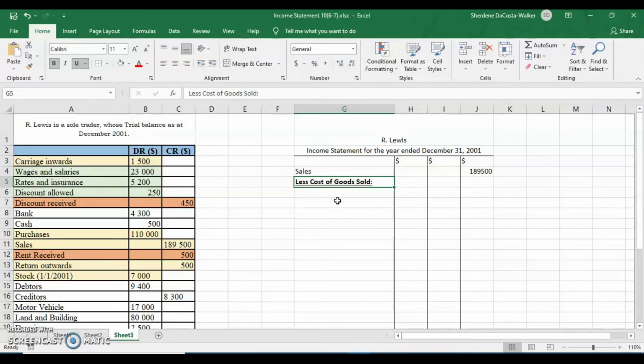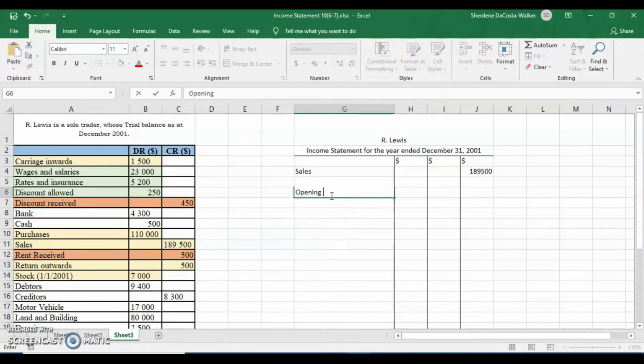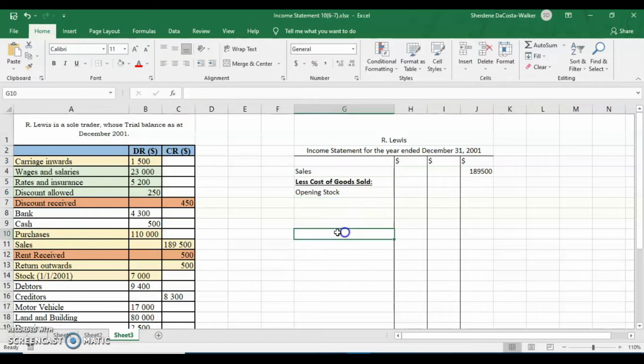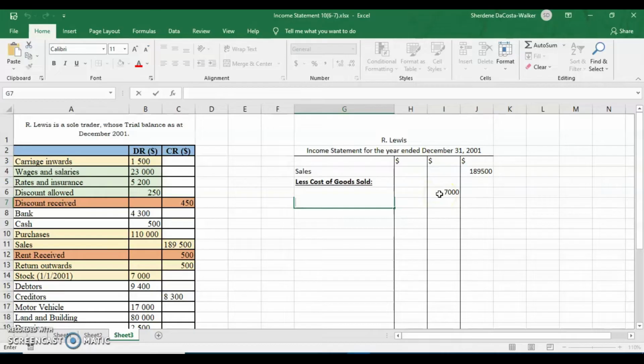But in order for me to find my cost of goods sold or my cost of goods available for sale, I will have to do some working out. So the first thing I'm going to start with is my opening stock. My opening stock is the one on the trial balance, so that's 7,000. So normally it's in the second column, no worries, just straight to the second column.